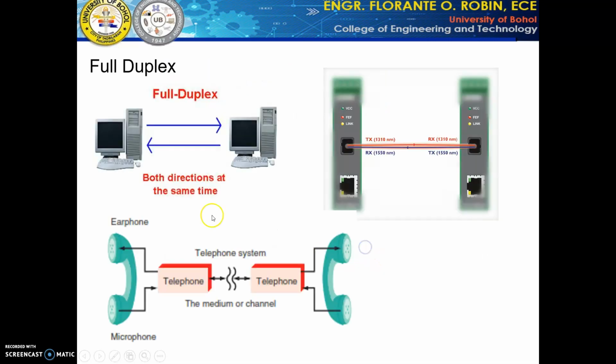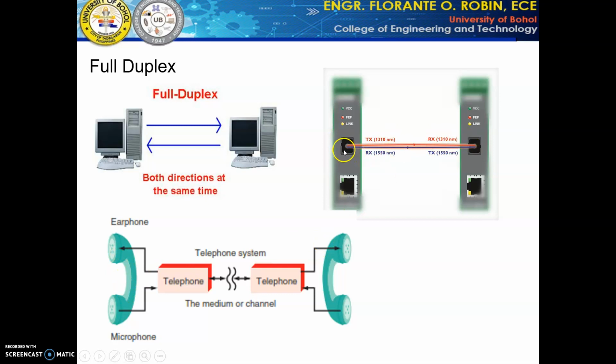So here we have a diagram of a full duplex. So transmitter A transmits signal to receiver B, and also at the same period, this equipment B transmits signal to equipment A. We have a telephone, also a LAN.